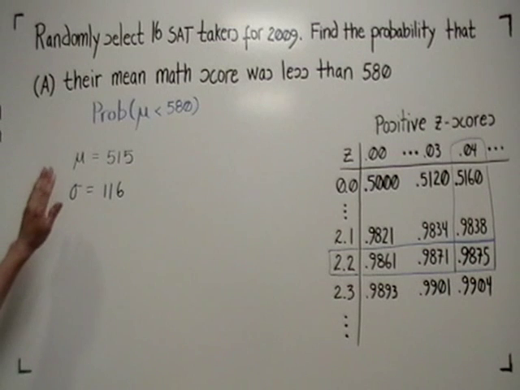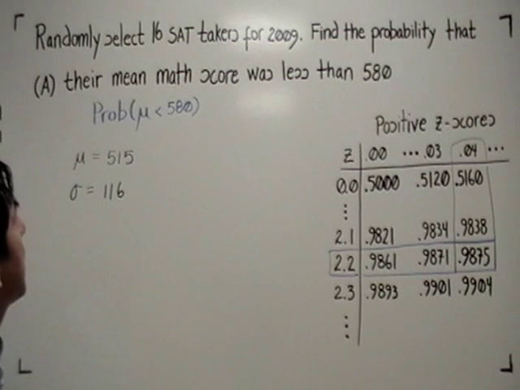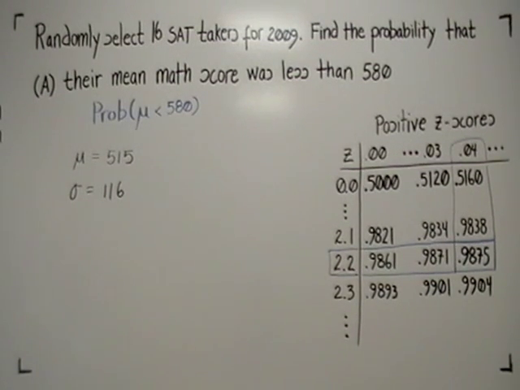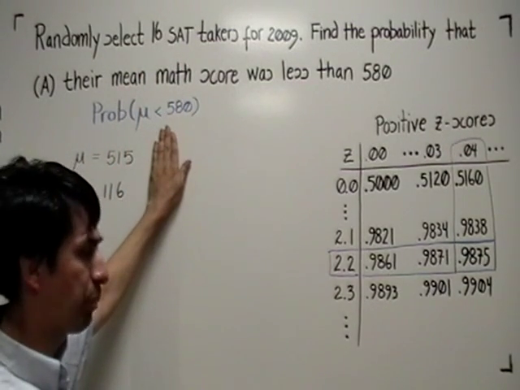Right here you are selecting 16 SAT test takers for 2009, and you're asked what's the probability that the mean of these 16 is less than 580.